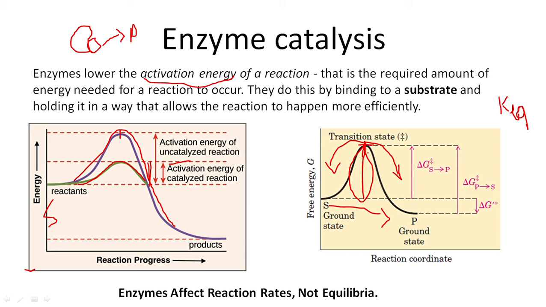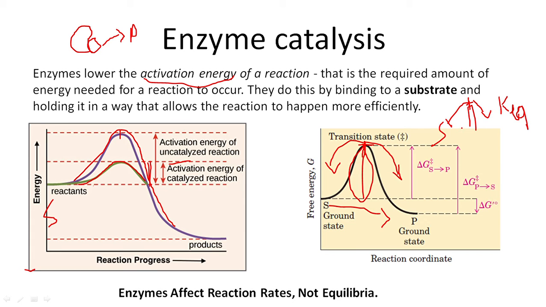Now repeating it in simple words, consider this activation energy or energy barrier as a wall. And here is the substrate. When a substrate gains enough energy so that it comes to the transition state, means the peak of the wall, when the substrate is standing here at the peak of the wall, it can jump to this side or to this side.